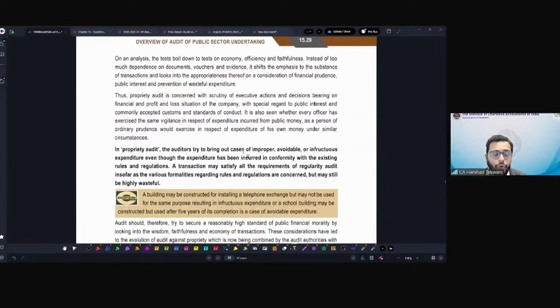So the aim is to bring out cases of improper, avoidable expenditures, even though the expenditures are being incurred in conformity with the existing rules and regulations. So an expenditure may satisfy all the requirements, but still it is wasteful because the underlying policy, procedure, regulations, or whatever requirements were made are also of such a nature.